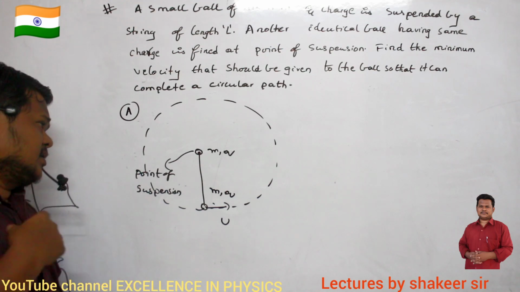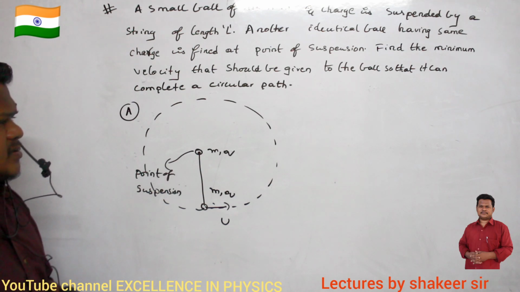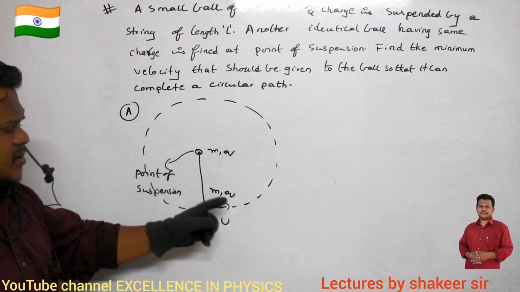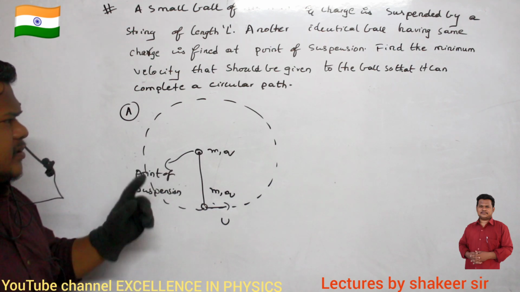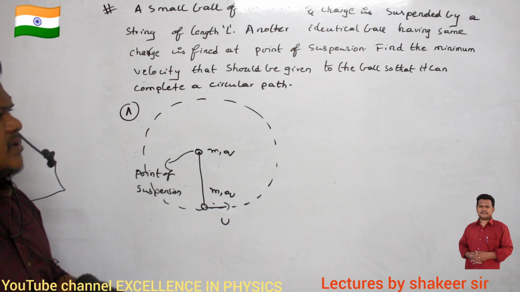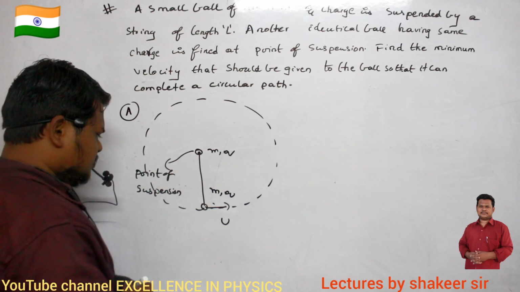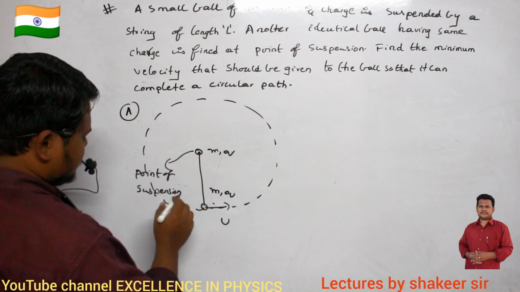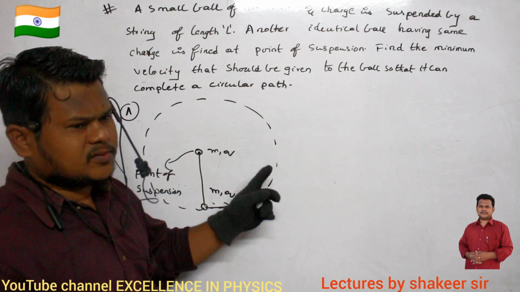First of all, you should have a small idea of vertical circular motion. If you don't, you can refer to my channel, where you will find a complete discussion on vertical circular motion. What are the conditions for a body to complete a circular path?